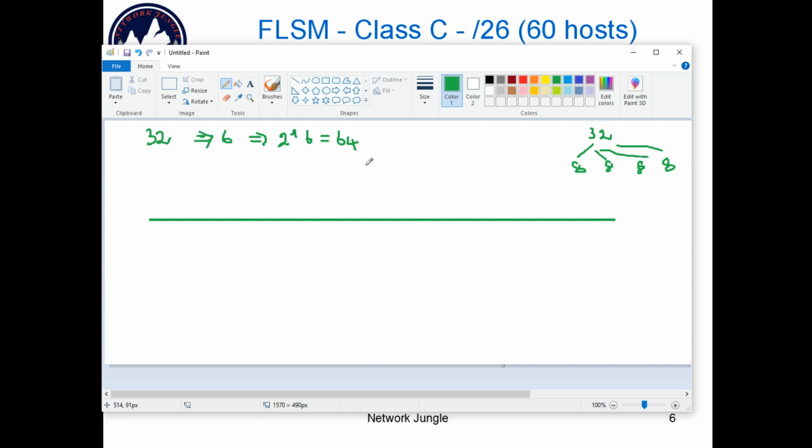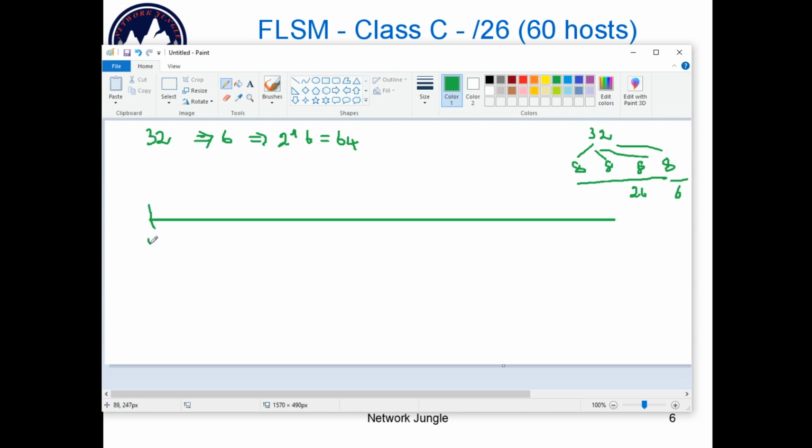We take only 6 bits in the host portion. So 8 plus 8 is 16, 16 plus 8 is 24, so here only 2 bits are borrowed. So 26 bits are in the network portion and the last 6 bits are in the host portion.